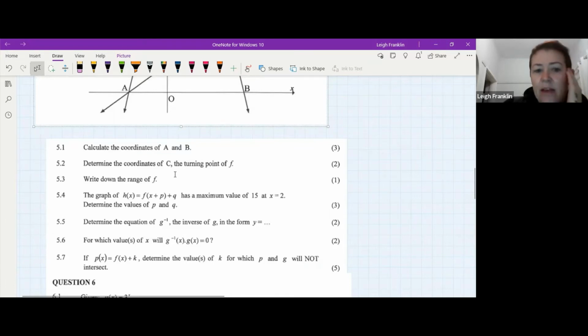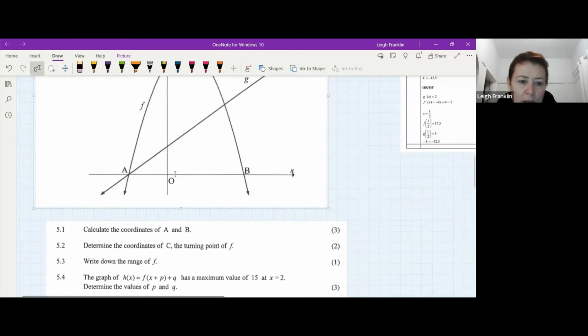Now, I think that the first 3 questions you guys are more than capable of doing on your own. So what I thought I would do here is give you a little bit of quiet time, maybe 5 minutes, and you guys can work that out. All right, so the first 3 questions, 5.1, 5.2, 5.3, go for it.